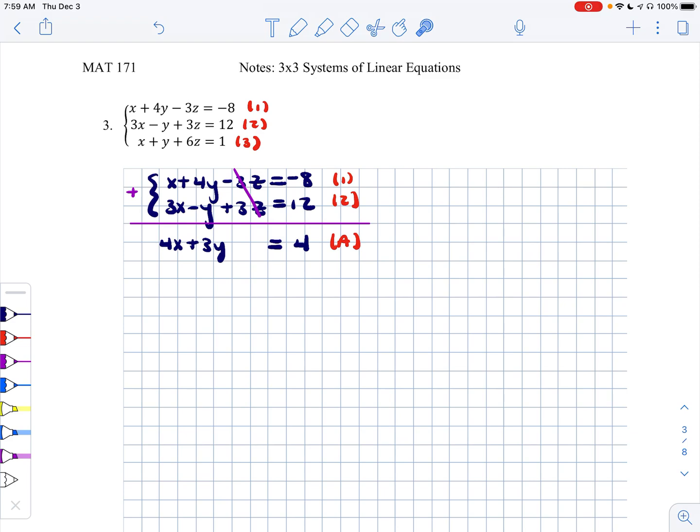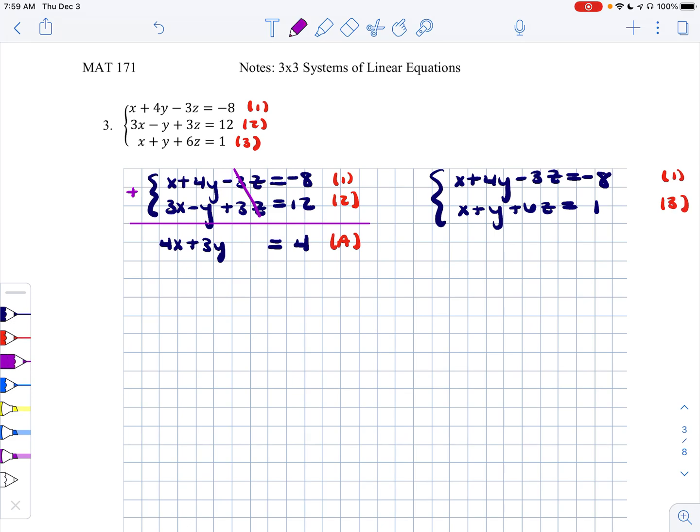Honestly, either one will be about the same difficulty level, so I'm just going to put together equations 1 and 3 because we already have the negative in one equation, the positive in the other equation, so they're opposite signs, maybe a little bit less work that we have to do along the way. Okay, so that was our equation 1 and 3.